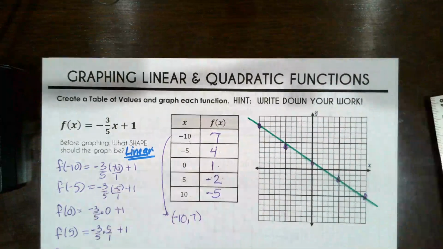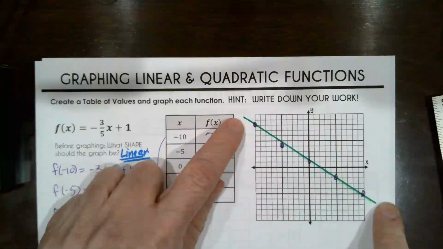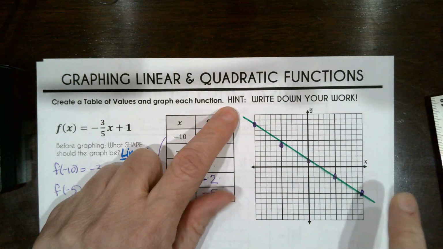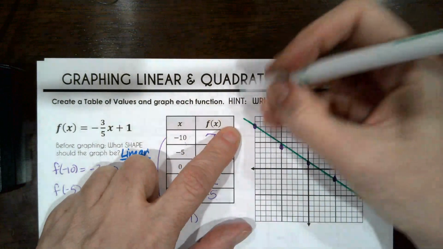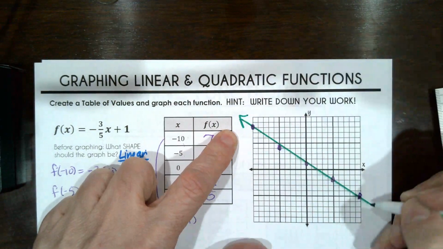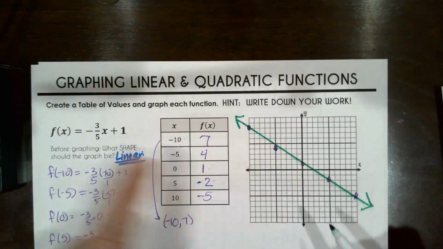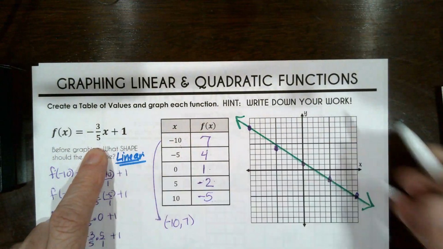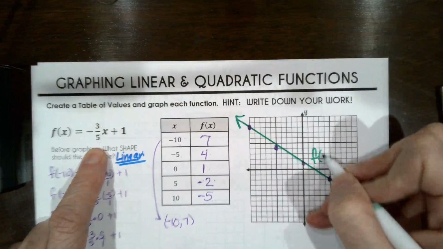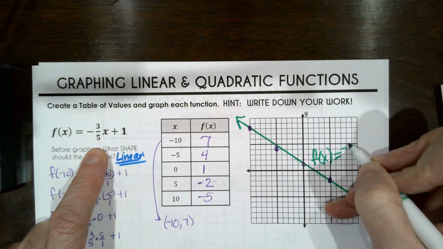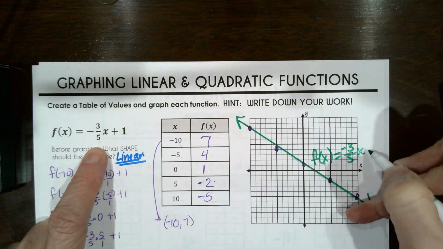Some bat-isms. Your graph must go off both ends of your graph into the white space. We have to remember to put arrows on both ends. And then we're going to label this graph with the function rule. So we're going to say this is f of x equals negative 3/5 x plus 1.